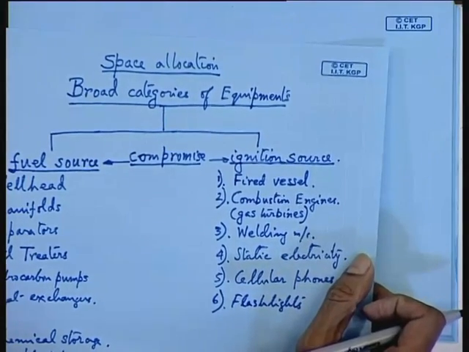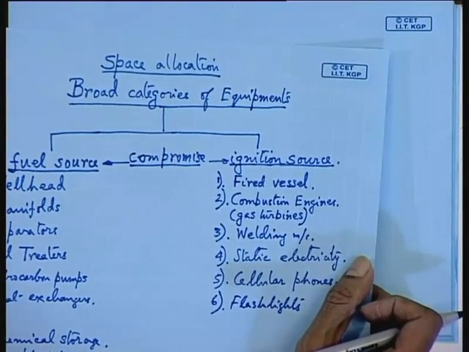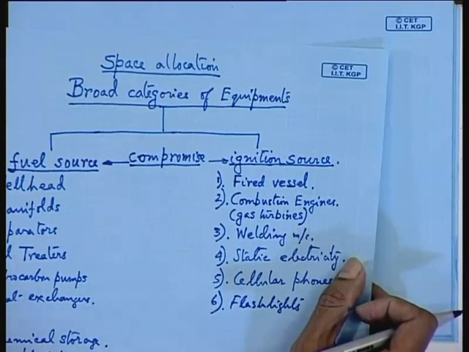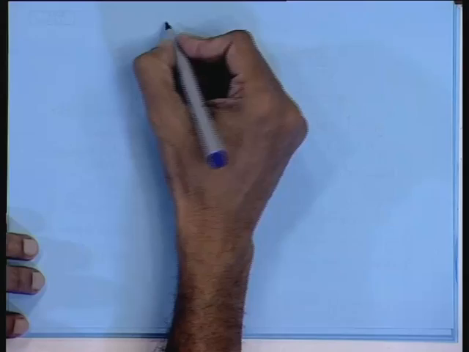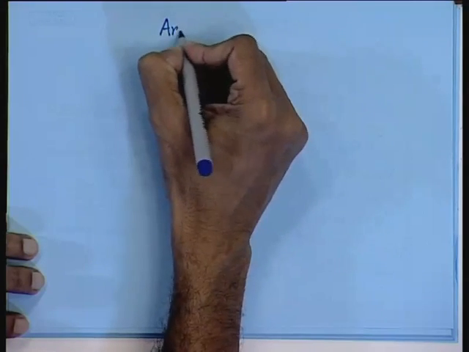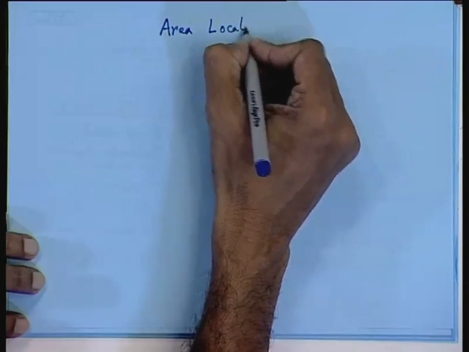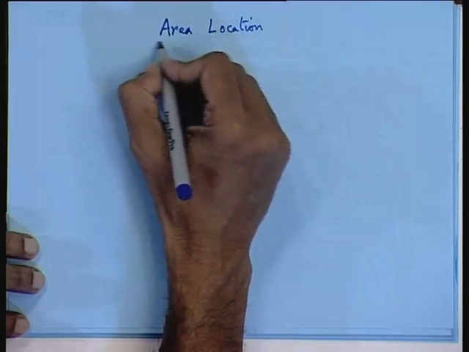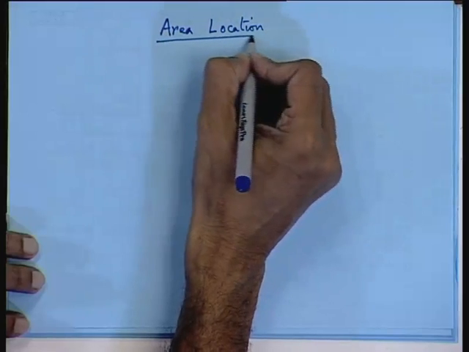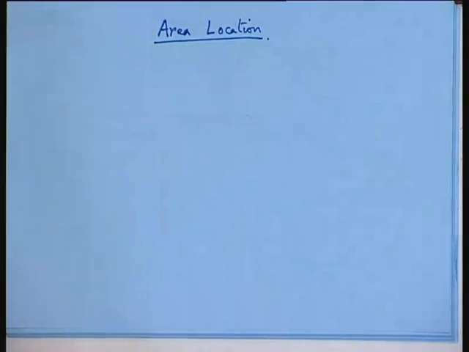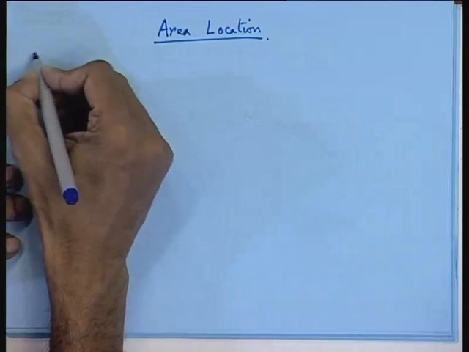Now, the other job is the areas where you are going to locate them. So, area location. First you segregate the equipments, then you specify the areas where they are going to be located. One of the major areas is your wellhead.